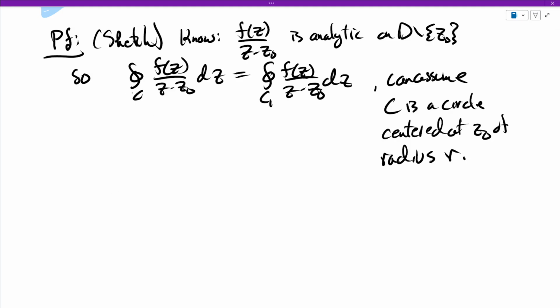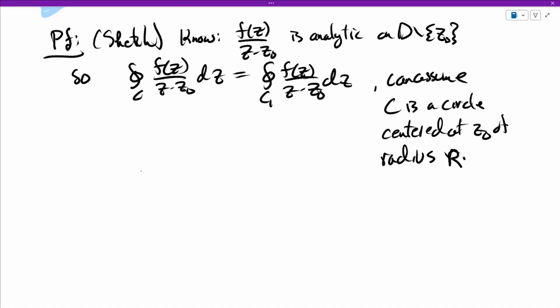Okay, so we know that, great. What we're going to do is assume, I'm going to write a capital I there, that it is in fact a contour integral over a circle of radius capital R centered at z naught. Then we are going to allow ourselves to pick R as small as we want, because it doesn't matter what R is, it's always the same thing.